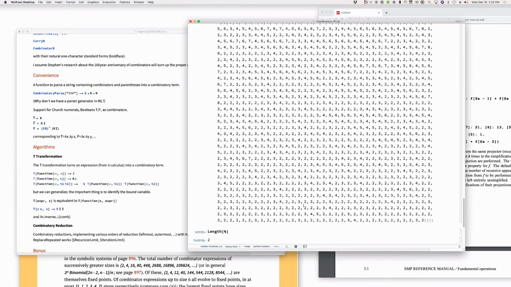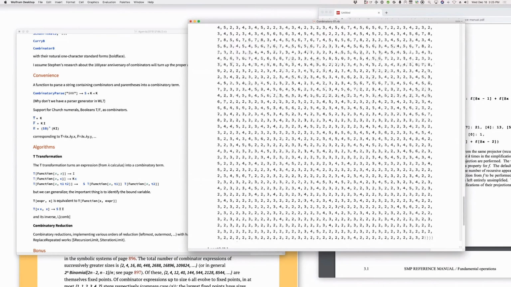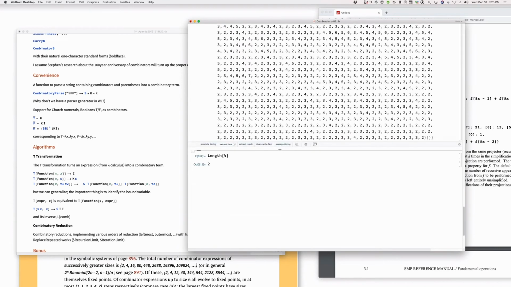Oh, for goodness sake. That's not what I want. So I want part 2, 2, 1. Okay, let's just compute. Actually, forget the timing for a second.